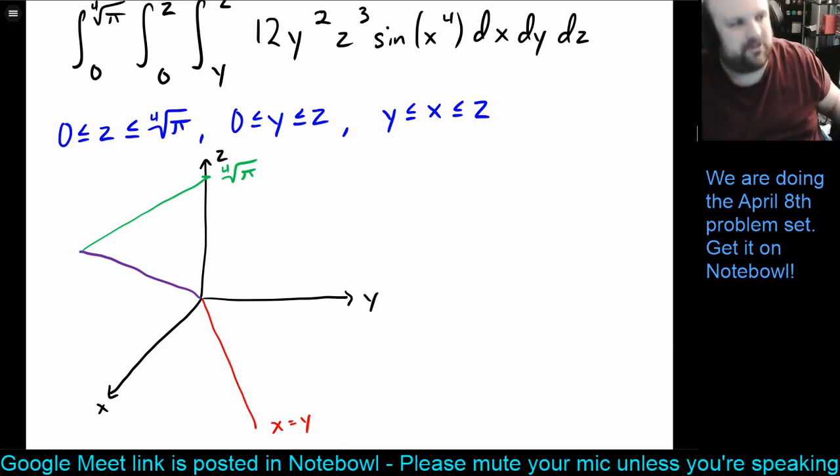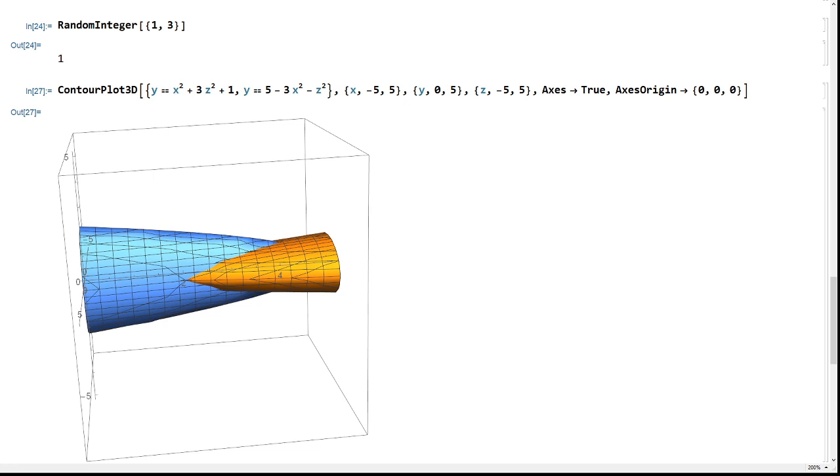So let's plot this in Mathematica. I have a hard time drawing planes. I really do. If it's one plane, it's fine, but if it's multiple, it's pretty challenging for me. So let's start by doing contour plot 3D.